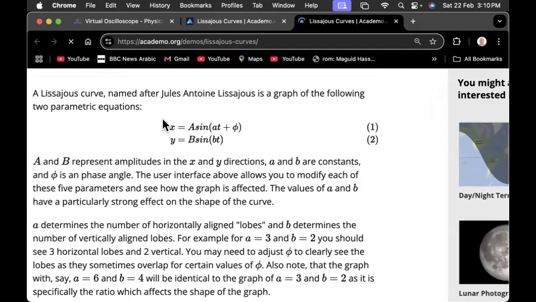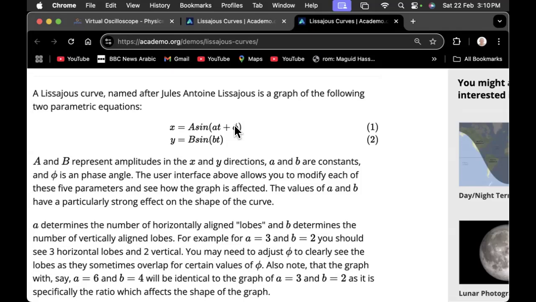This is the input on the X, represented by capital A sine small a t plus phi. And this is in the Y, representing capital B sine small b t. So capital A and B represent the amplitudes. Small a and small b carry the frequency, because a is 2 pi f and b is 2 pi f. And phi is simply the phase between A and B, because B has 0 phase.